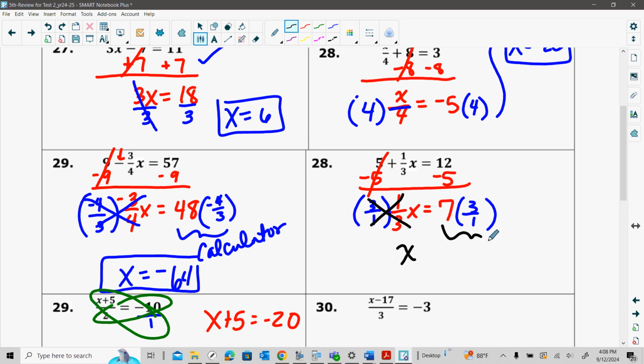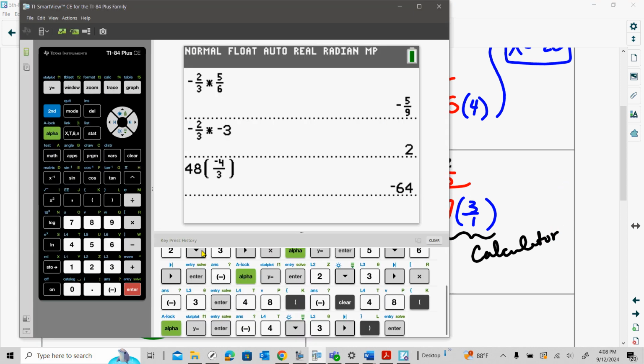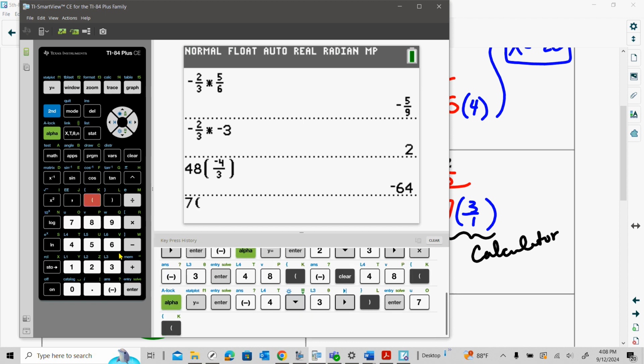But this is the part we have to put in our calculator. And make sure you use your parentheses. So like, let me get my calculator up here. You need to do 7, then parentheses, and we can do 3 divided. If I'm going to do the fraction, let me go back, sorry.